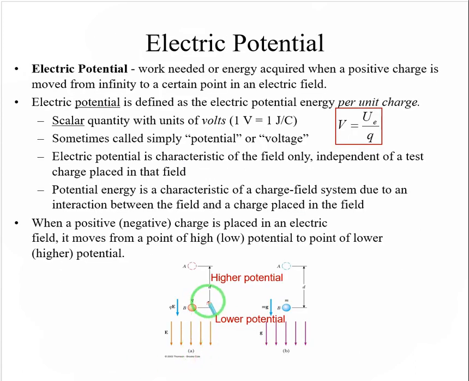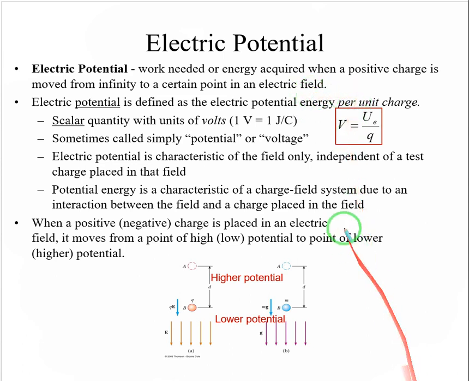So coming to the electric potential. What is electric potential? It is just about energy. Once we do work, we can utilize some energy. So, work needed or energy acquired when a positive charge is moved from infinity to a certain point in an electric field.